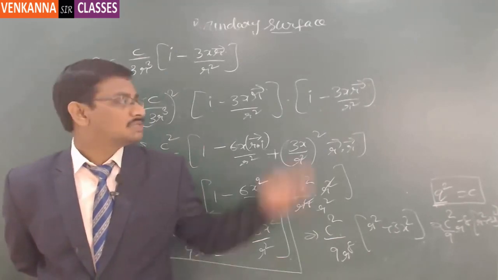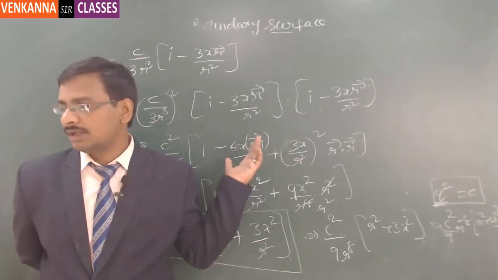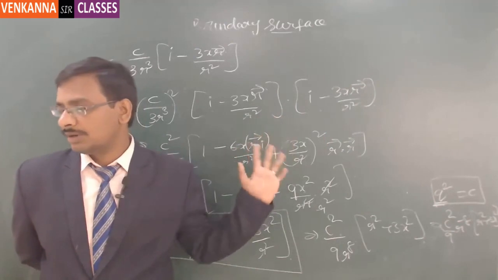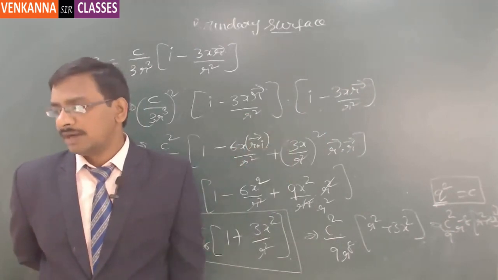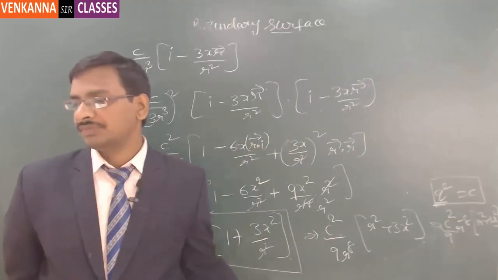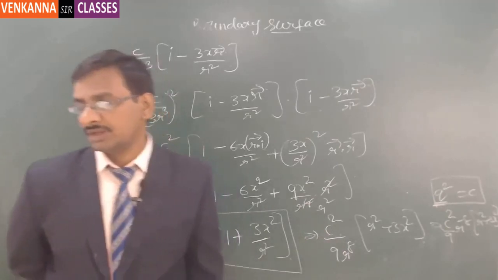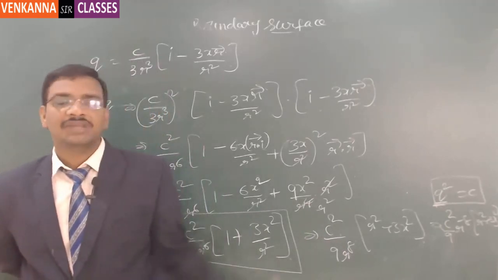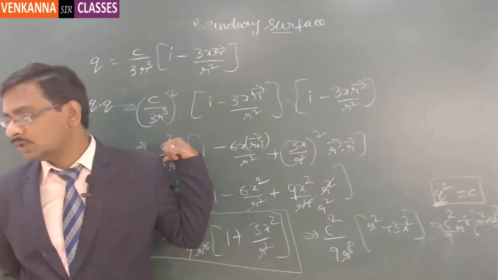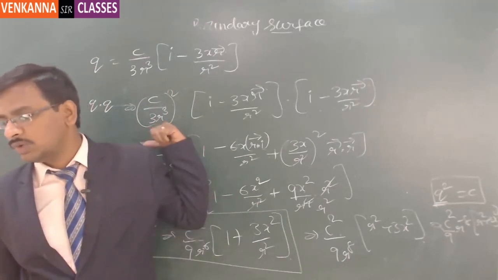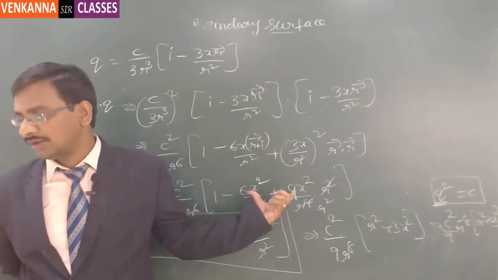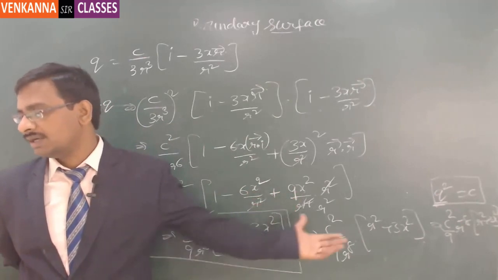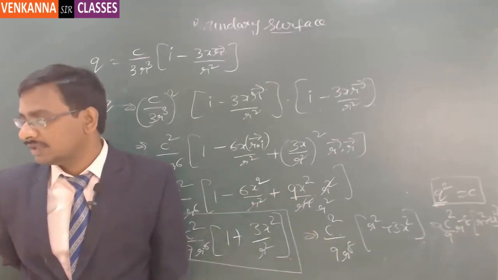Then you have to separate the i, j and k components, and then identify the magnitude of q by squaring and rooting. Rather than that, it is easier to identify q square, which is nothing but q dot q. This is simple vector scalar multiplication that gives a more simplified result.